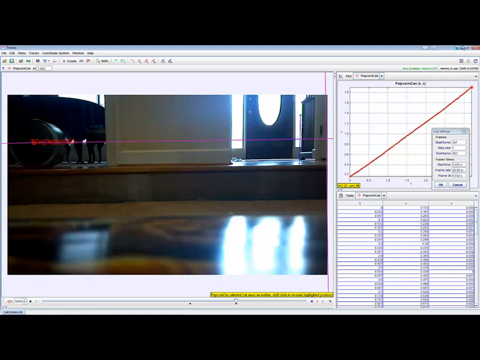My video is actually about 3.2 seconds long. I've got a frame rate of about 30 frames per second, which gives me a delta t of about 0.033 every step.